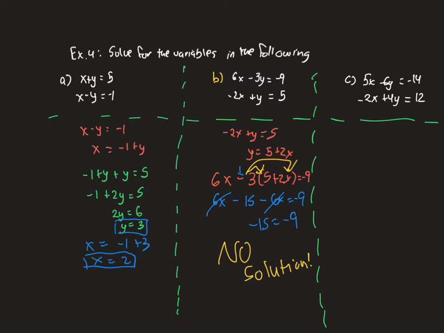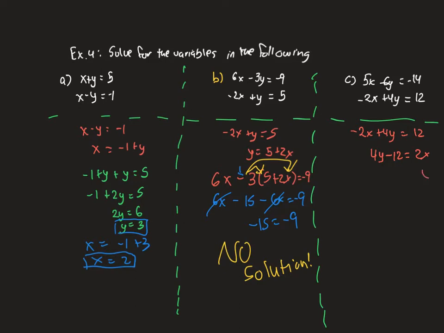Alright, so last up, you can isolate either one. Let's go with this one. I'm going to isolate here. So I'm going to have -2x plus 4y is equal to 12. I'll move the 2x to the other side and move the 12 to this side, so I'll get 4y minus 12 is equal to positive 2x.